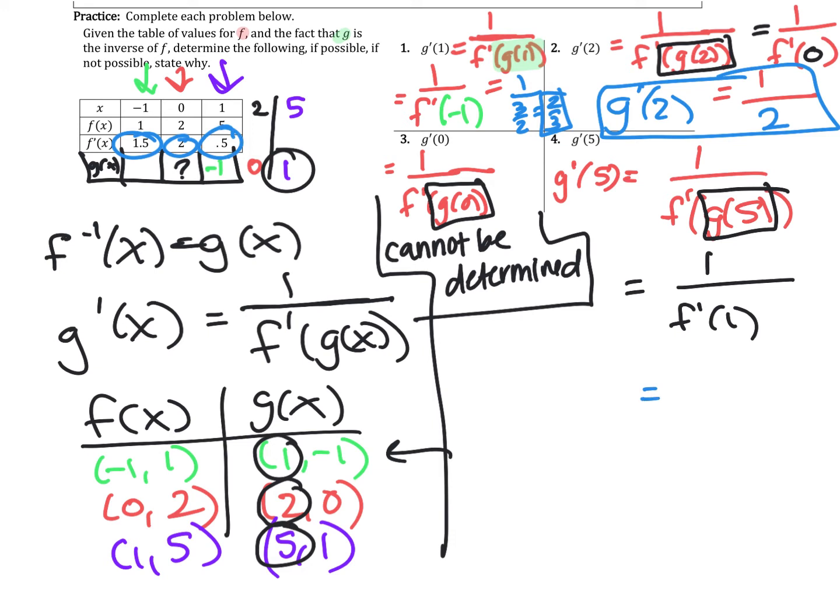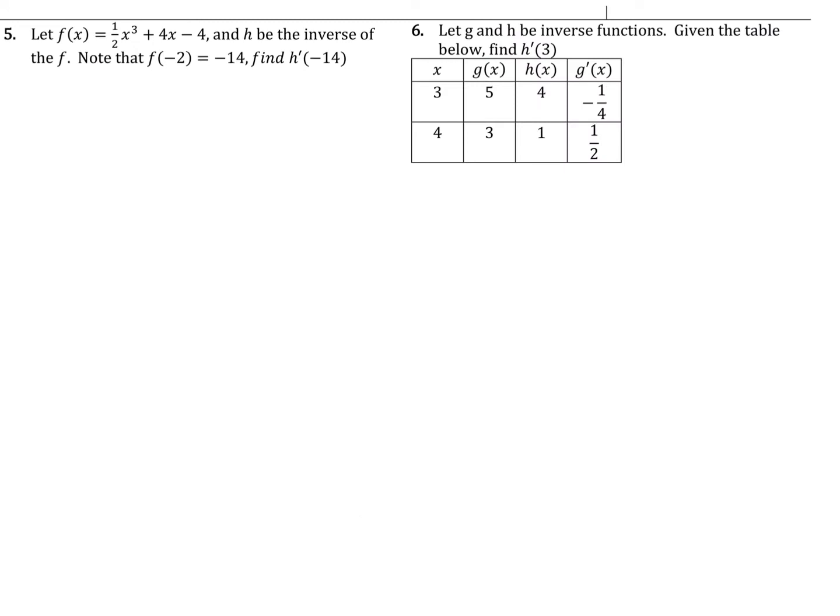That's going to be 1/2. So this is 1 over 1/2, which is the same thing as 2. So the derivative of the inverse at a particular value is 1 over the original function's derivative evaluated at g of that particular value. So let's go ahead and look at some more examples.